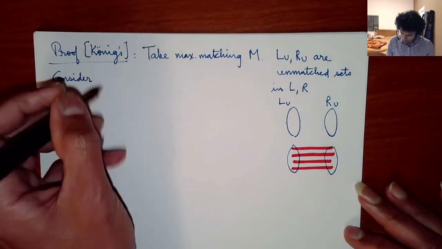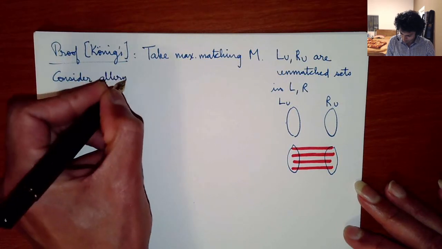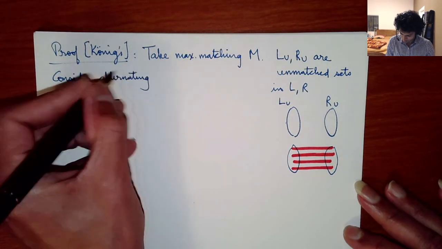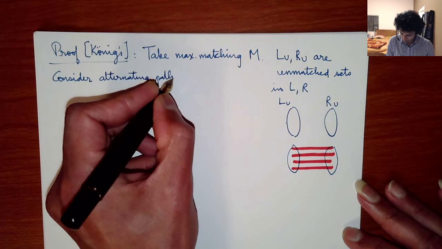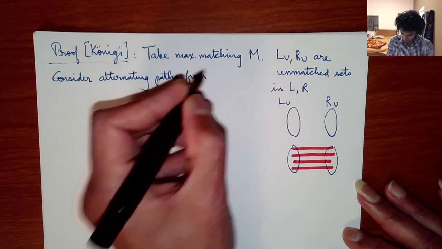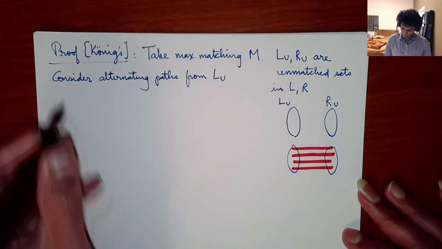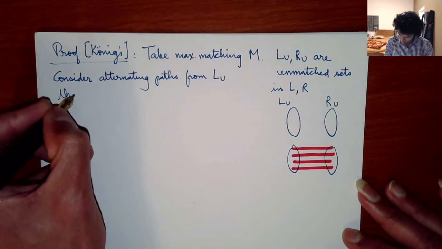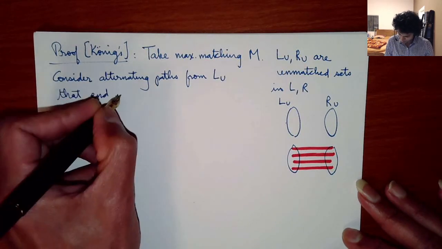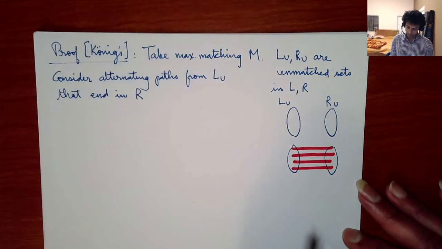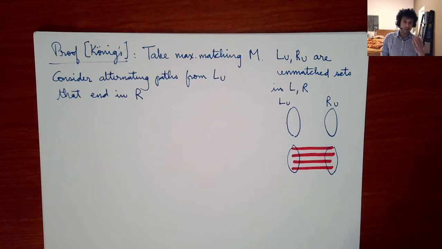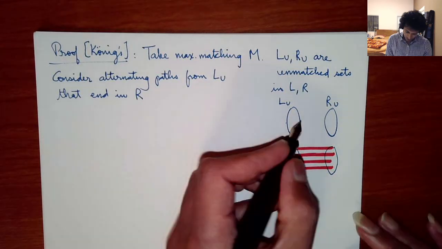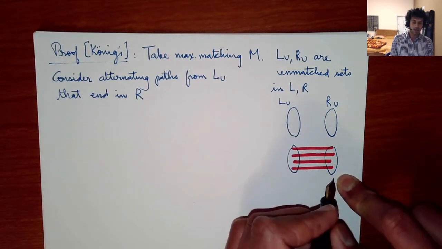So consider alternating paths from LU that end in R. I didn't say RU because if it ended in RU, then actually it would not be a maximum matching.